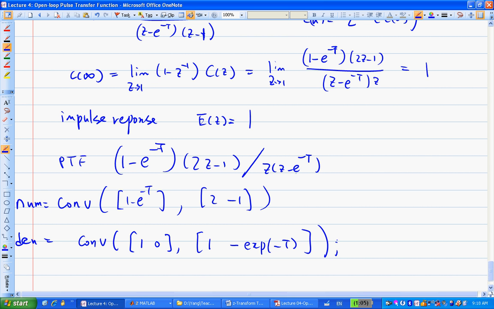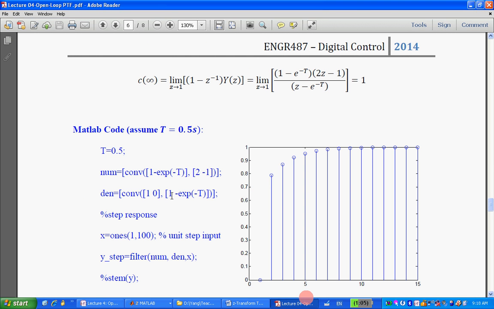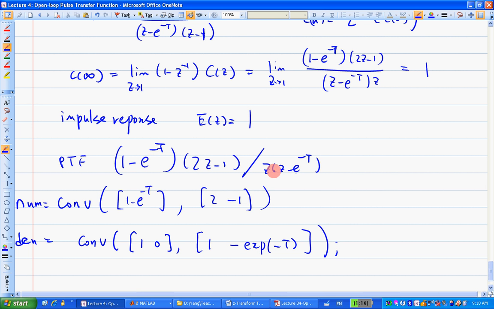Is that good? So that's what this code is. This is not 1 minus this. There are two things: one, and the other one is negative exp bracket negative T. So that's the numerator and denominator. That's how you define the pulse transfer function.